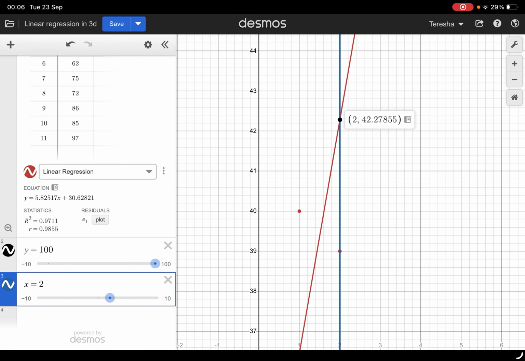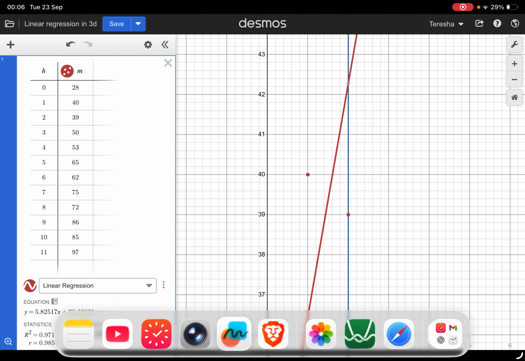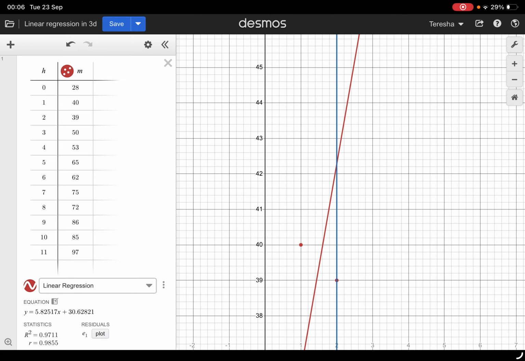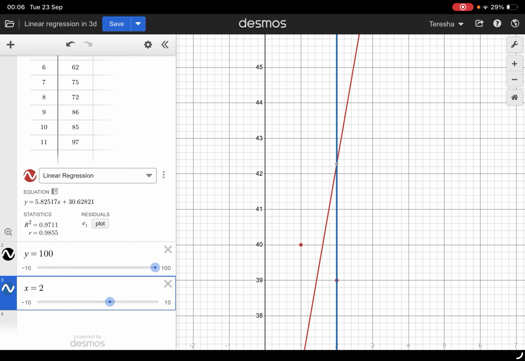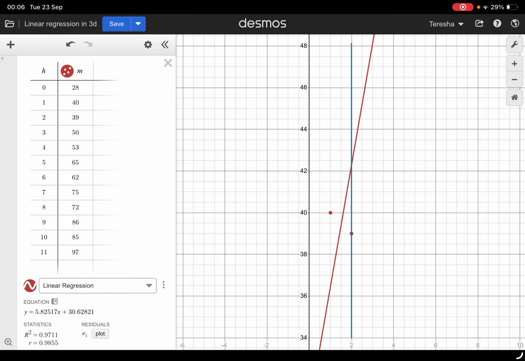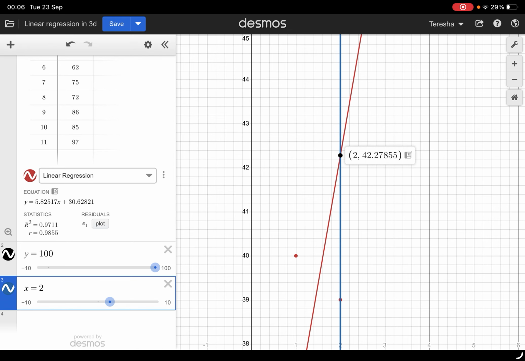I will get 42.27. Not good, right? So that's how linear regression works. We predicted the data for something we did not have. I did not have the data for how much mark I would get if I only studied for 2 hours. I did actually, but it is a bit different from the actual data, so this is just regression.